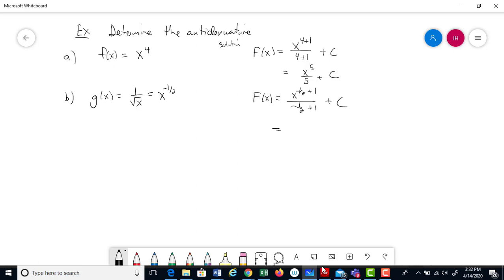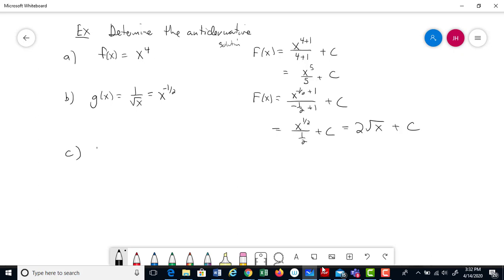So this is going to be equal to x to the 1/2 divided by 1/2, plus c. And we can make that look a lot better. Dividing by 1/2 is the same thing as multiplying by 2. And this is root x plus c. And the derivative of this is this.